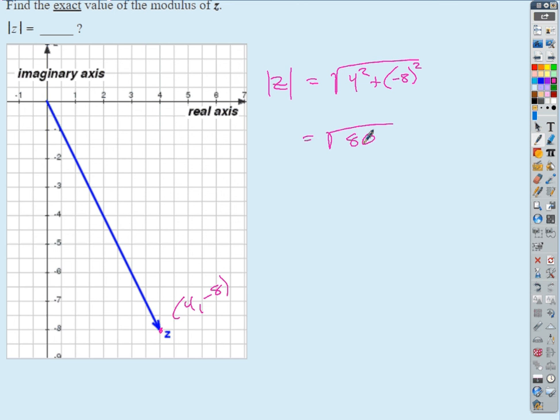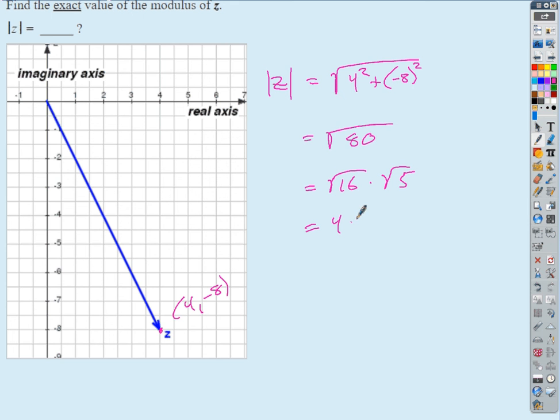40. No. 5. Kind of kidding, you're almost there. 5 squared. Yeah, 4 radical 5, good. Right? That's just the square root of 16 times the square root of 5, and the square root of 16 is 4, right?